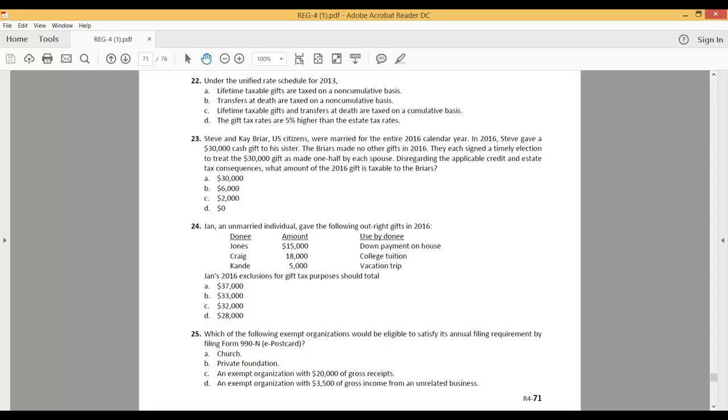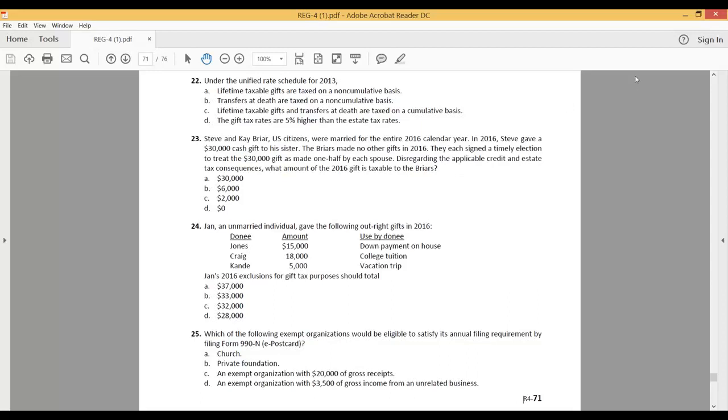The Breyers made no other gifts in 2016. They each signed a timely election to treat the $30,000 gift as made one half by each spouse. Disregarding the applicable credit and estate tax consequences, what amount of the 2016 gift is taxable to the Breyers? What would be the answer here?